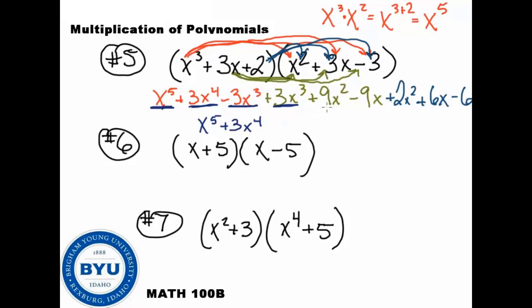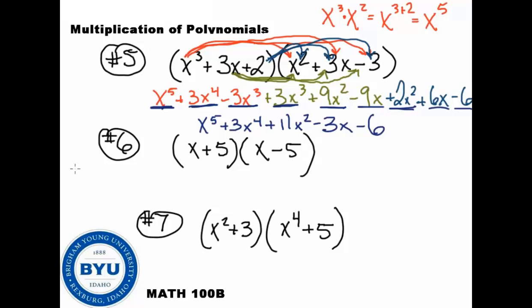Now we've got the squareds. We got 9x squared and 2x squared. That comes out to be 11x squared. And then negative 9x plus 6x, that's a minus 3x, and then just my numbers. And that's the answer we should have got for that one there. X to the 5th plus 3x to the 4th plus 11x squared minus 3x minus 6.